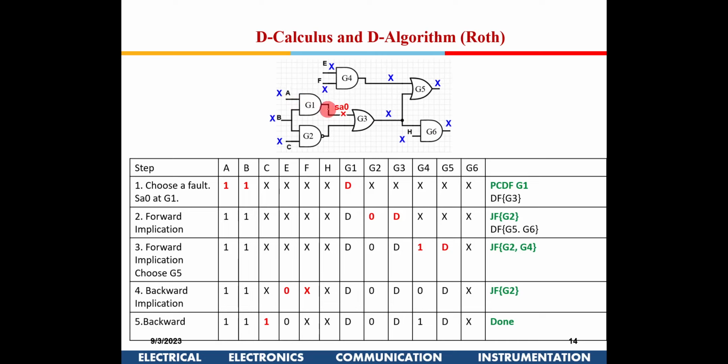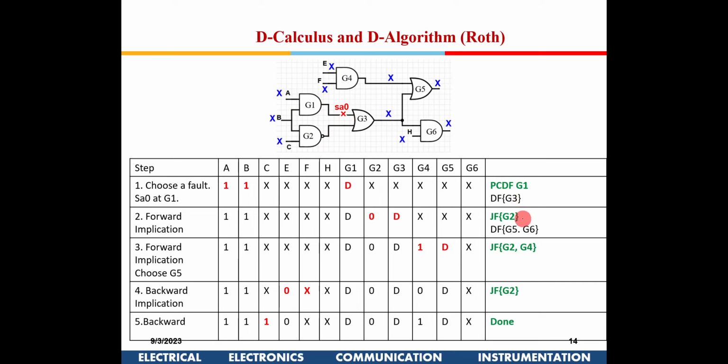This particular net is defined as G1 here. You can give some other name also, C, D, E, F. Just because I have already named the gates, I have used the same names here. So G1 here indicates this particular wire. This is not a gate here, whereas here it means gate.